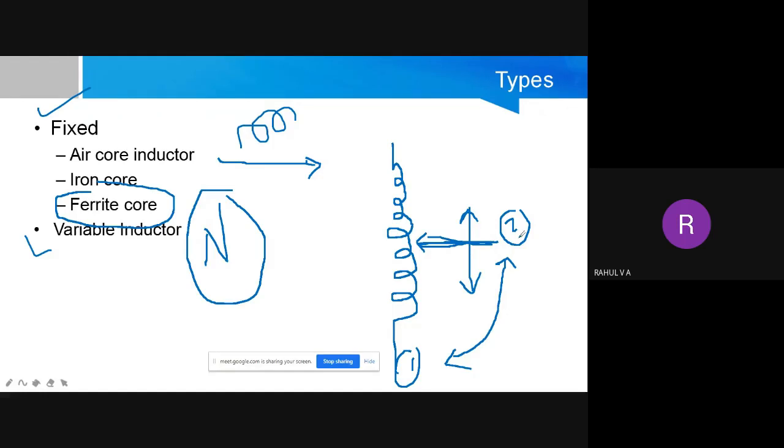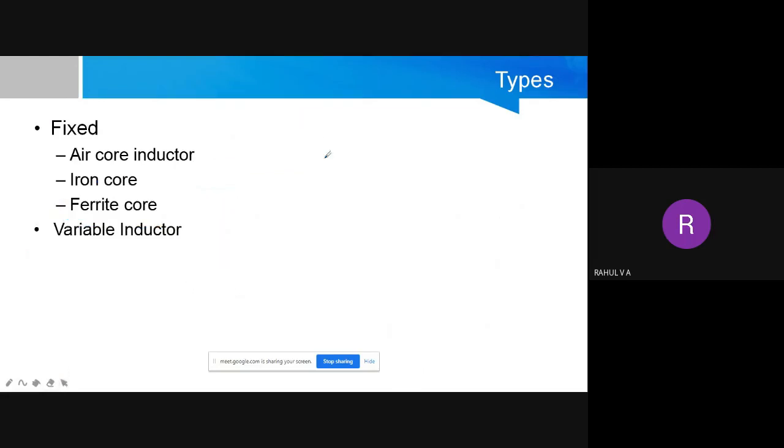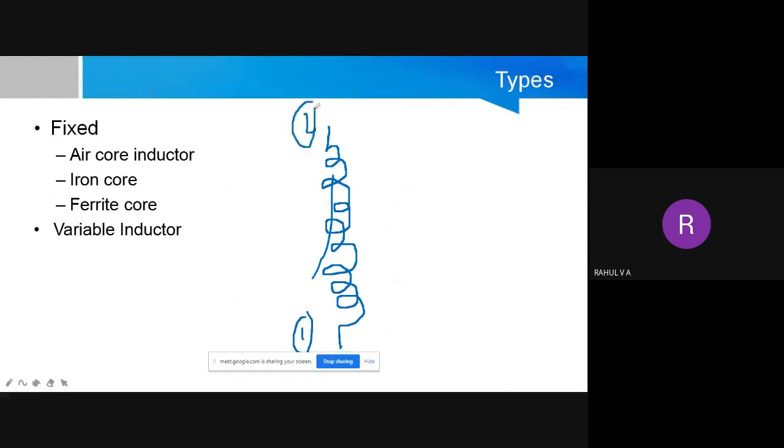So automatically what will happen? I can adjust the inductance. So a variable inductor is a 3-terminal inductor where you have a long coil wound on a core or anything. It has terminals 1 and 2, and in the case of a variable inductor, I have one more terminal.